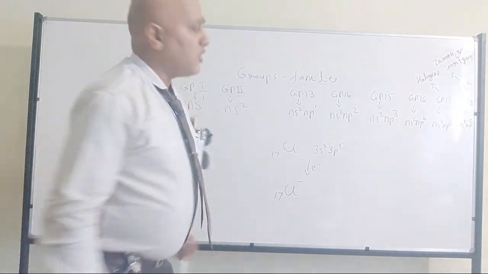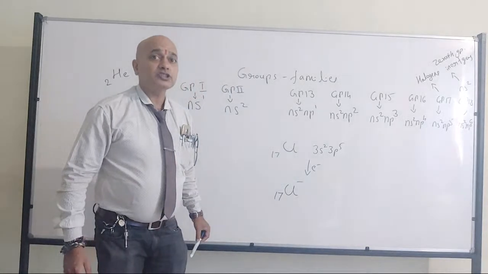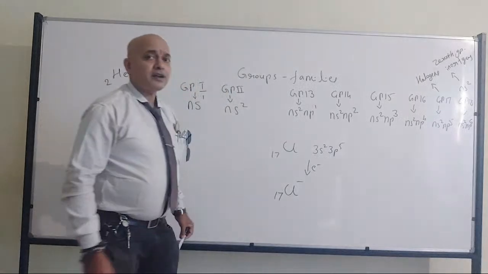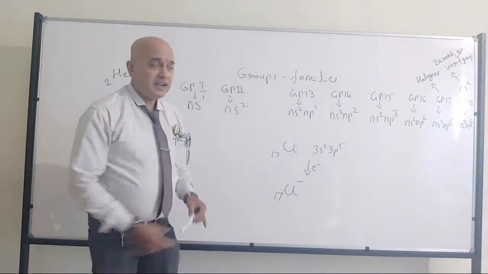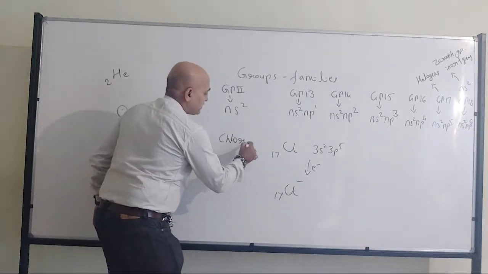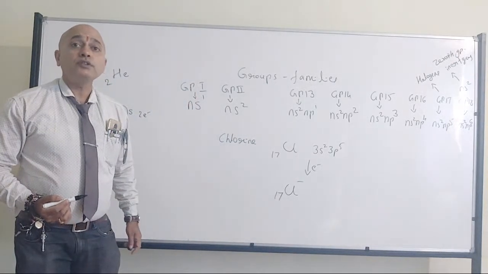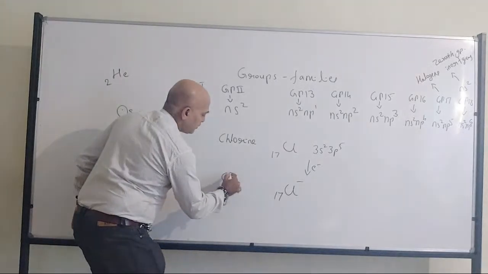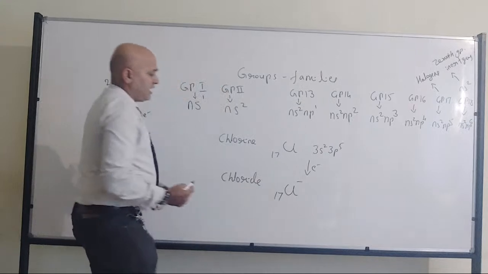So yes, it belongs to period number 3. All of you are correct. So therefore 3s2 3p5. Now we have the chloride. Chlorine, chloride. Right? So what is the difference between chlorine and chloride? When I am telling chlorine, I am talking about the neutral atom. But when I am talking about chloride, I am dealing with the anion.